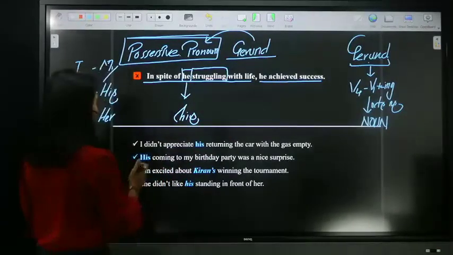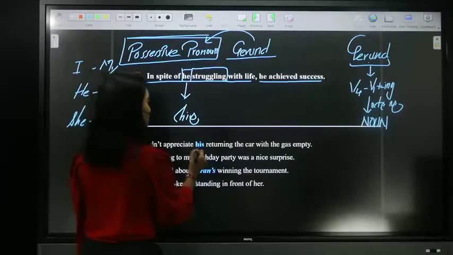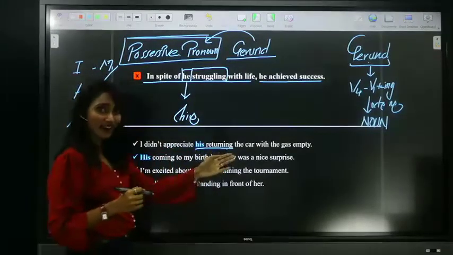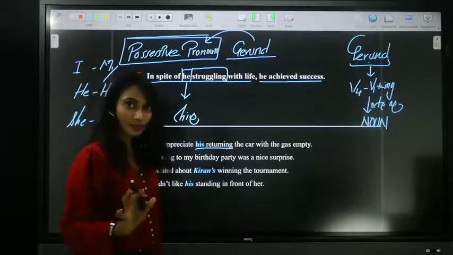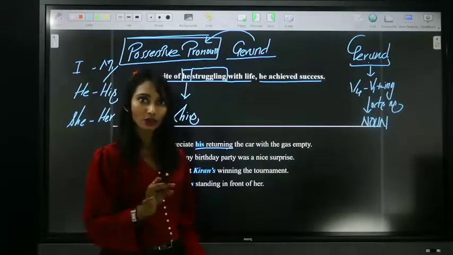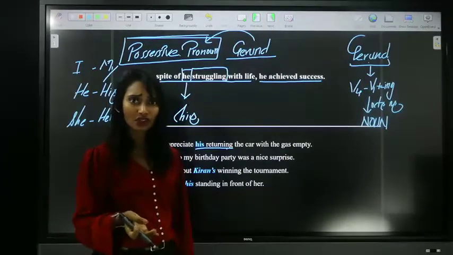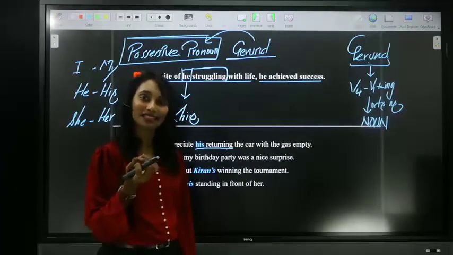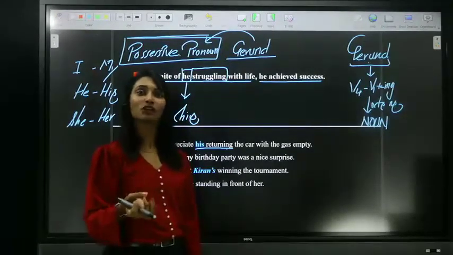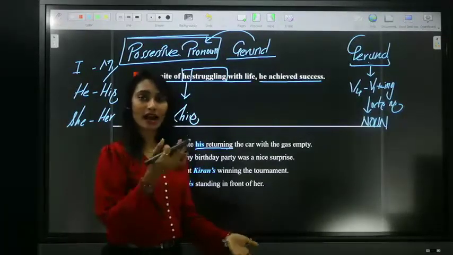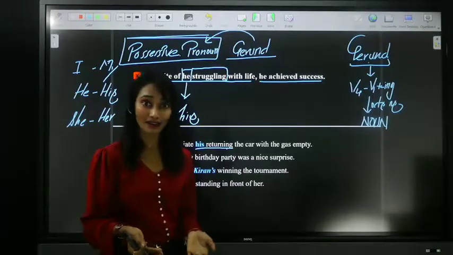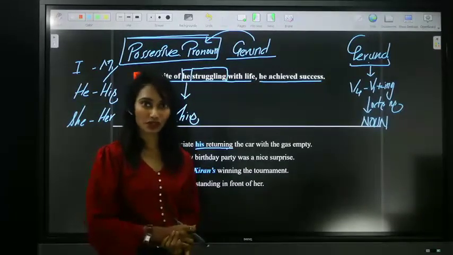Now look at some more examples. I didn't appreciate his returning the car with the gas empty. You asked for my car and I gave it to you. When you used it, it's minimum sense, minimum courtesy to return the car with fuel. You used the entire fuel and you returned my car. I don't appreciate that.